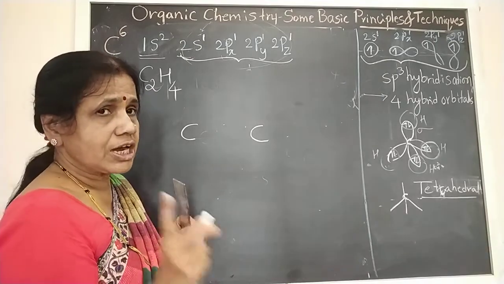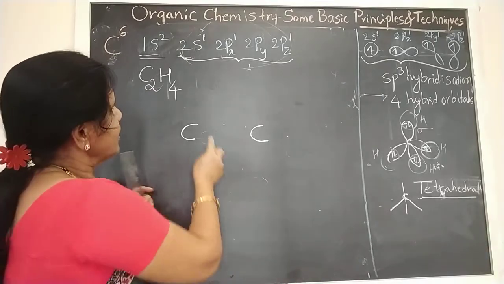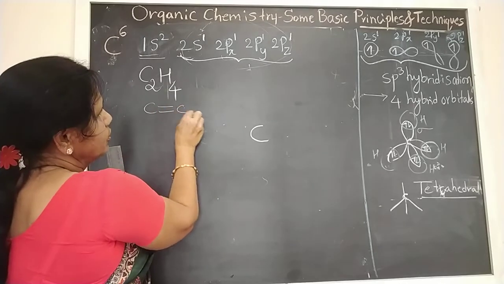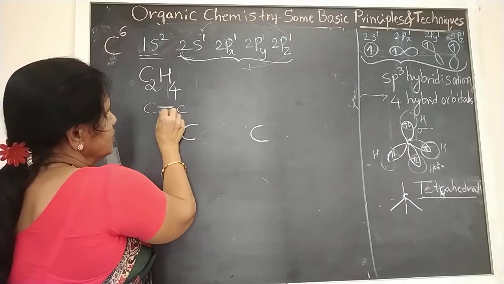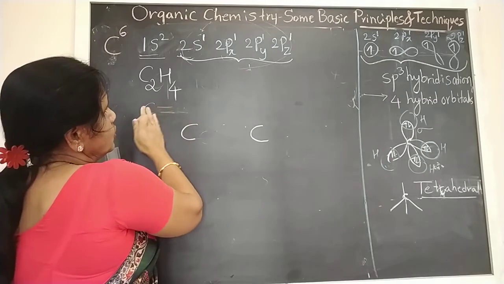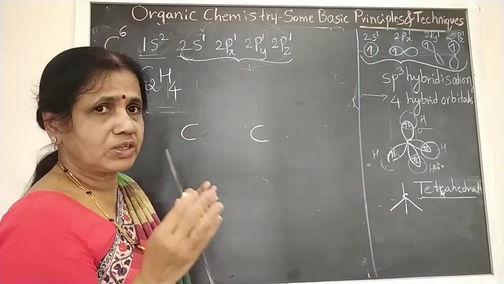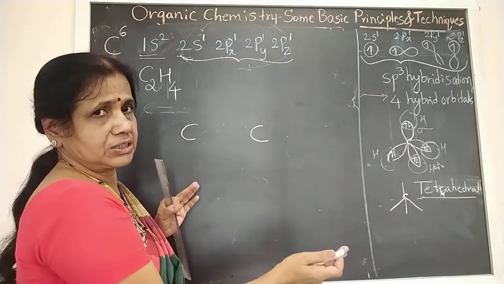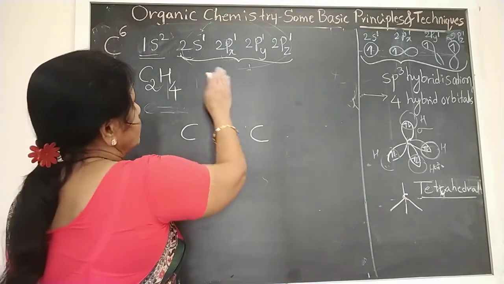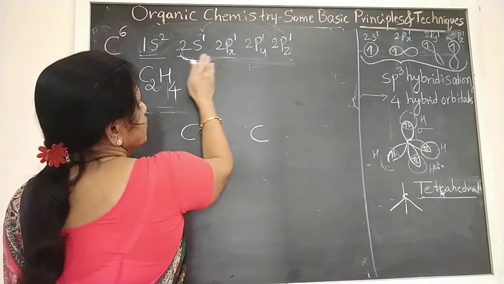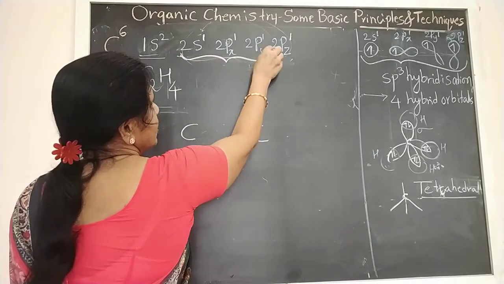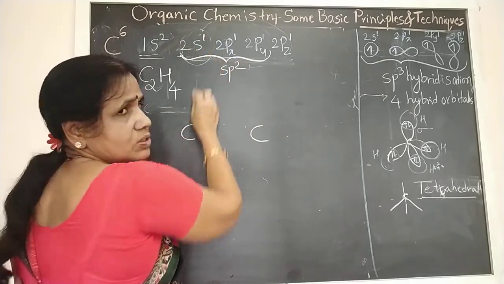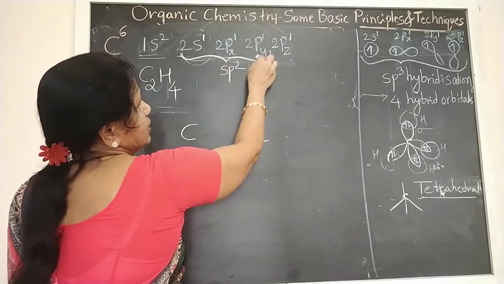Each carbon, as there are 2 carbons and in ethene there is a double bond between the carbons, experimentally it is said. So to explain the formation of the double bond, the hybridization is different compared to methane. Each carbon undergoes sp2 hybridization. sp2 means one s and two p orbitals.